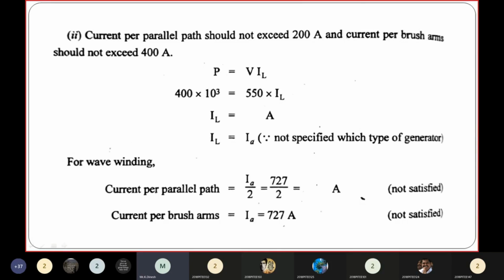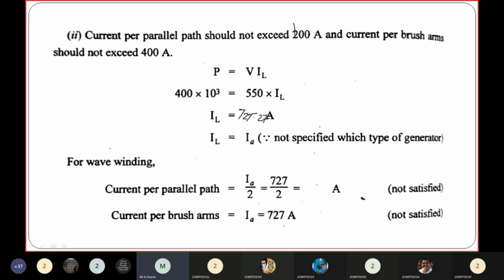IL is not known. So we get 400 into 10 cube divided by 550. So 727.27 amps comes as your IL.